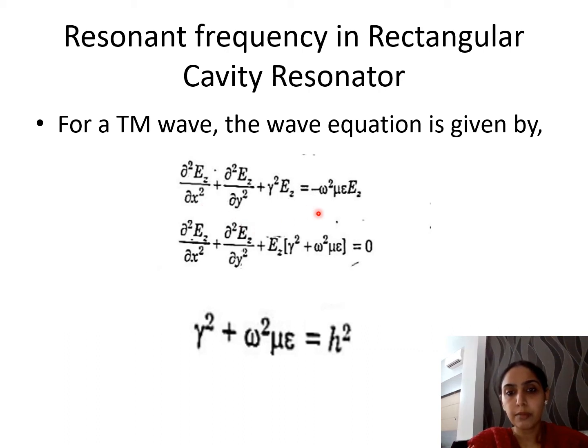Here I am taking Ez as common and assuming a new constant, since all these are constants. So gamma square plus omega square mu epsilon is equal to h square. I am assigning this particular term to be h square, or the transverse propagation constant.